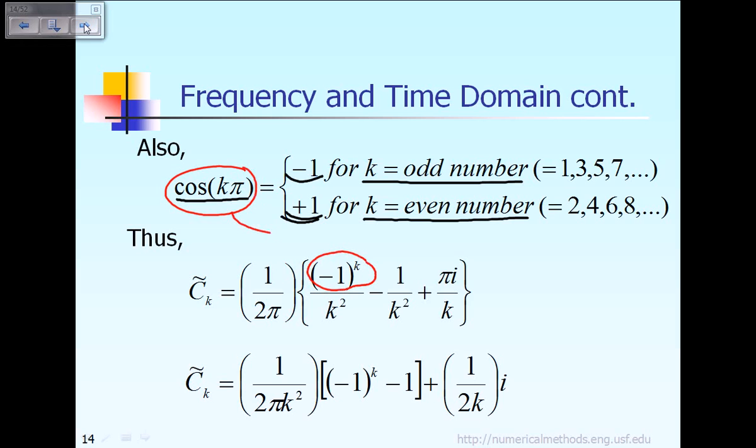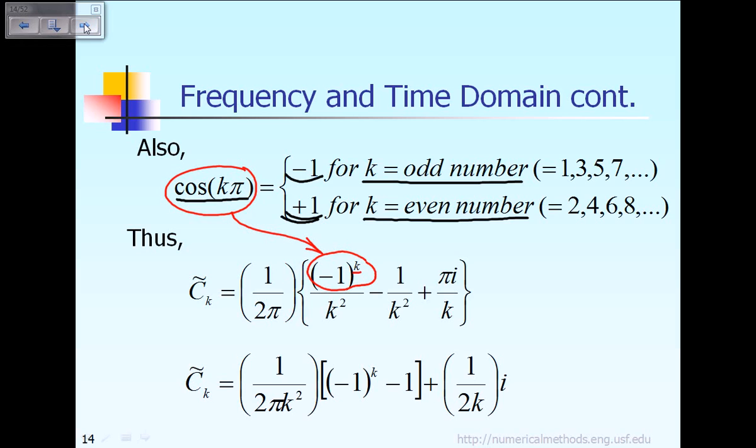The reason this term can be expressed like that is because, as you can see, if k is an even number, like 2, 4, 6, 8, then -1 raised to the power k is equal to +1. But if k is an odd number, then -1 to the power k will be equal to a negative value. So cos of k pi can be expressed as -1 raised to the power k.